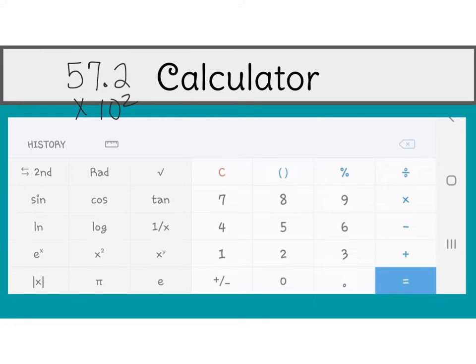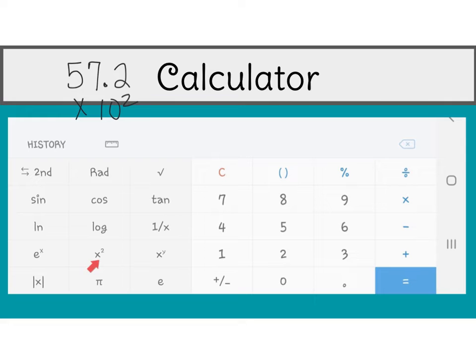So on my calculator, I'm going to type in the 57 2/10. So I'm going to punch 5, 7, and then I'm going to hit the decimal point, and then the 2. And then I'm going to come over here and hit the multiplication sign, times. And then I'm going to type the number 10. And then I'm going to come over here and hit this x to the second power.